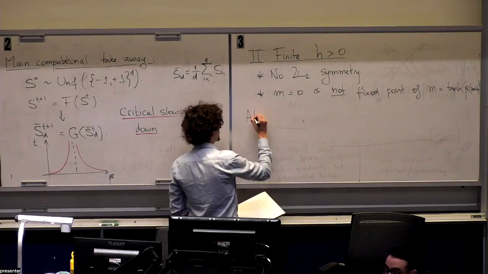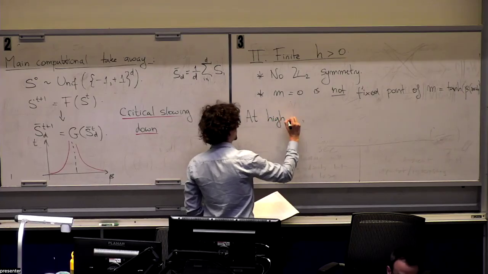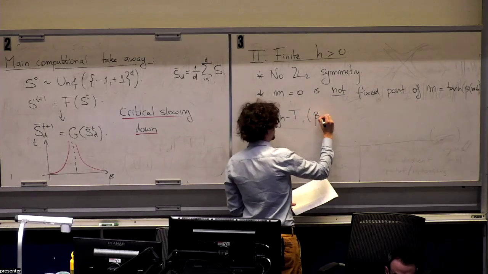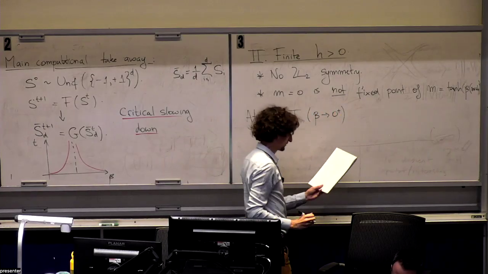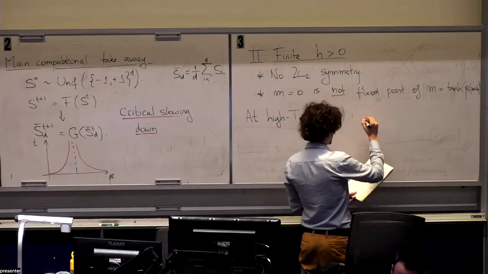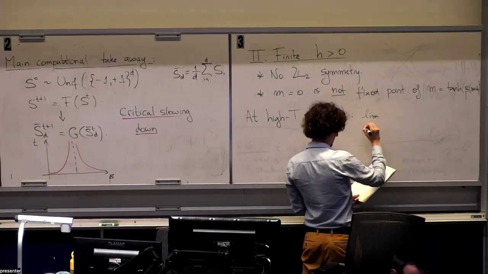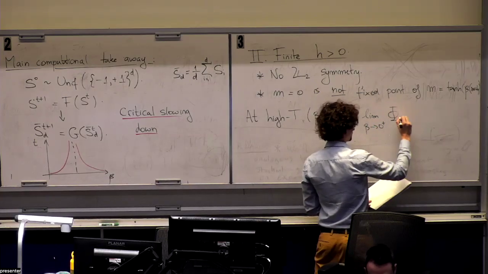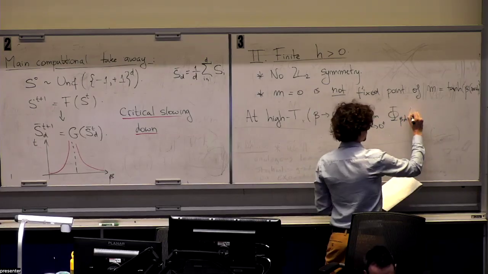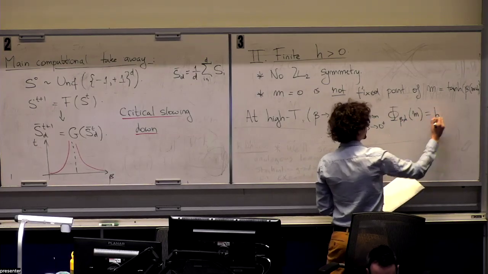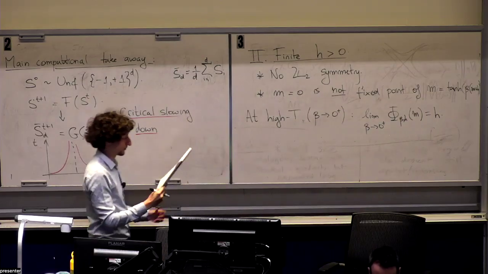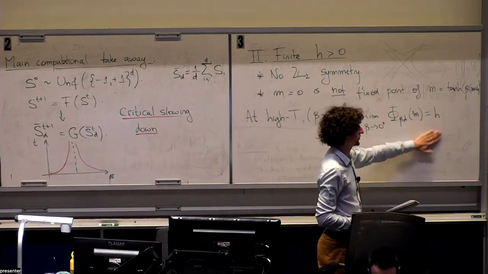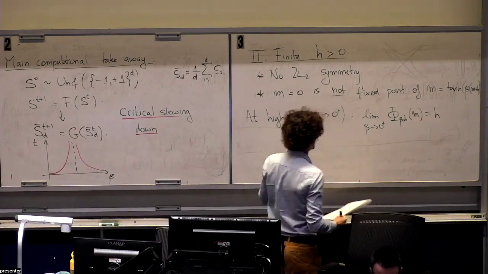So at high temperature, beta going to 0 plus, you can check that the limit as beta goes to 0 plus of the potential is equal to h. So at very, very high temperatures, you always have a magnetization which is equal to H.